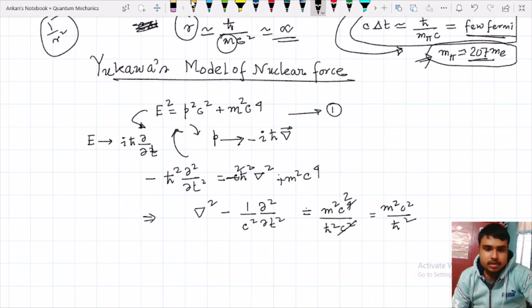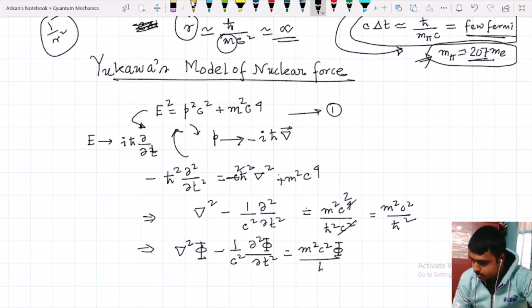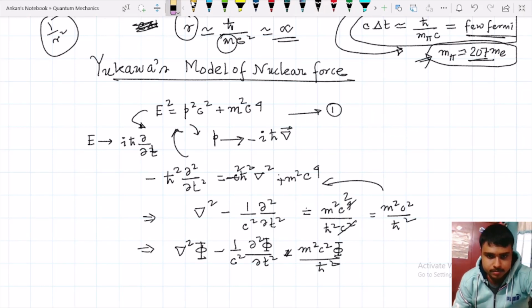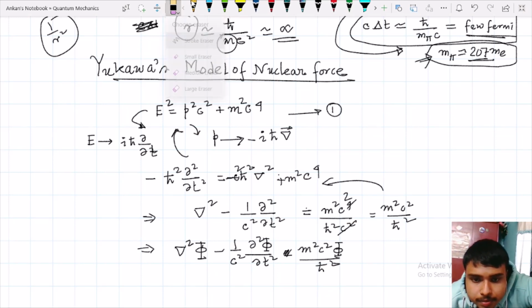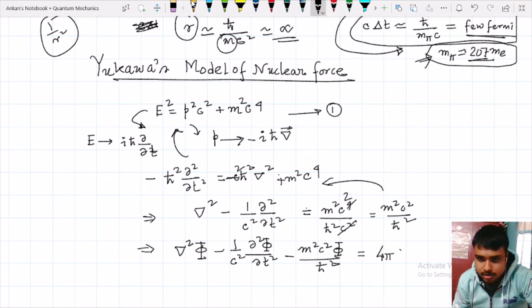Now we take grad square phi minus 1 by c square ∂²phi/∂t² equal to m square c square phi upon ħ square. When this is taken to the left hand side, a minus sign will appear here, and the right side is taken to be 4 pi g n.